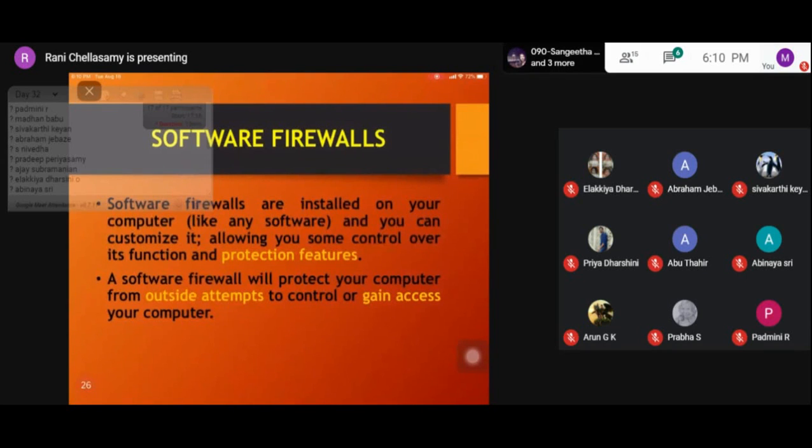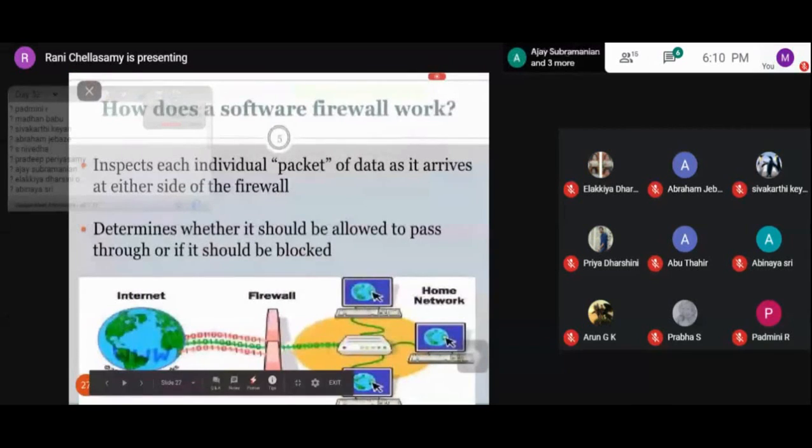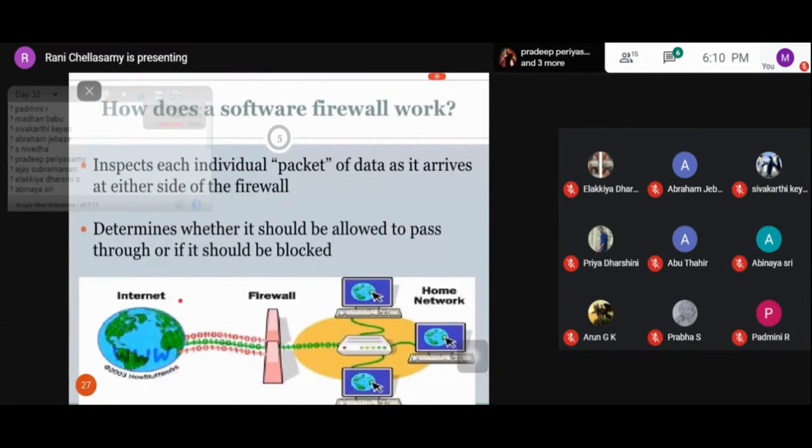Okay. So how does this firewall work? See this picture. Here you have the home network and this is your internet, that is the public network, and in between you will have the firewall. What this firewall will do is inspect each and every packet entering the firewall and emerging out of the firewall.